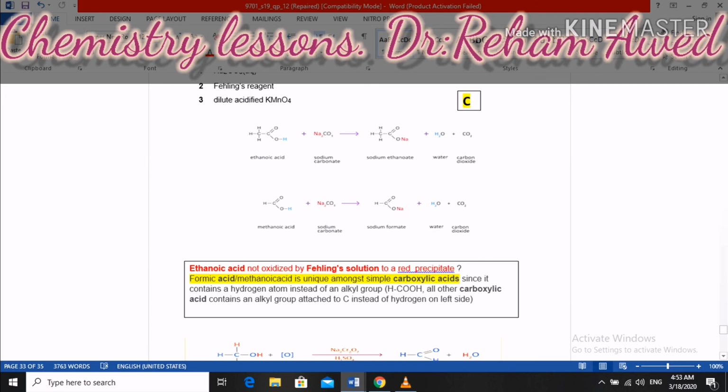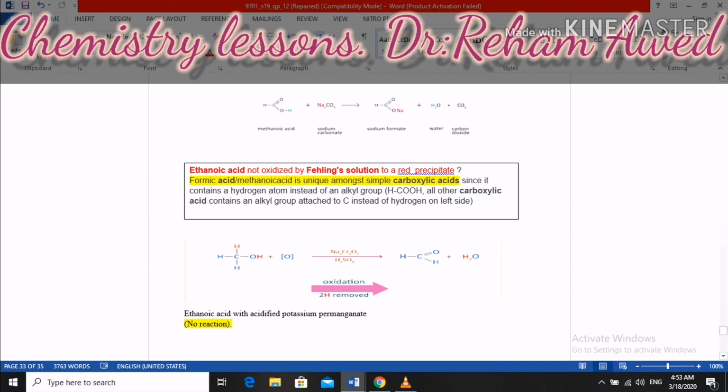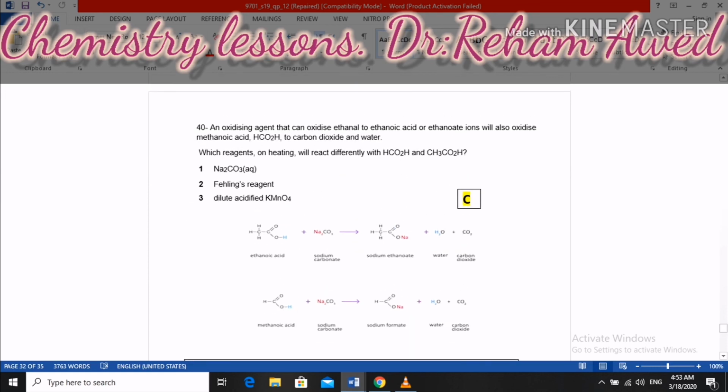And we can see in the following reaction, ethanoic acid acidified with potassium permanganate gives no reaction. But in the case of methanoic acid, oxidation will form carbon dioxide plus water. So it is an oxidation reaction using different types of reactants. Sodium bicarbonate will react with both methanoic and ethanoic acid.